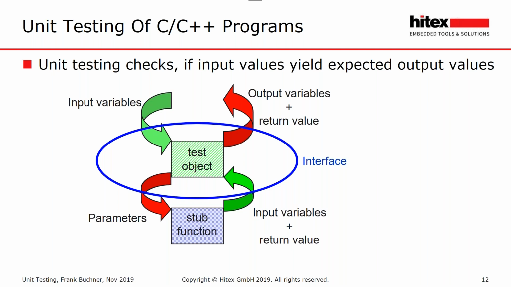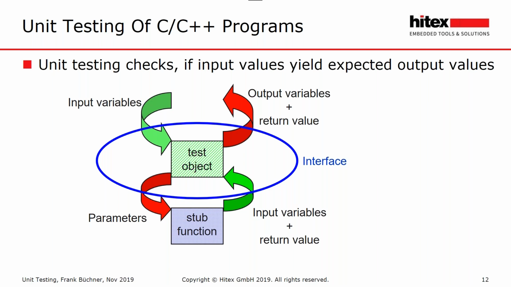This was the upper part of the interface, which might be quite clear for you, but please keep in mind that we also have a lower part in case our test object calls other functions. Then the parameter values which are passed from the test object to the called function are output variables of our test object, and for instance the return value which is returned from the called function to our test object is an input to our test object.